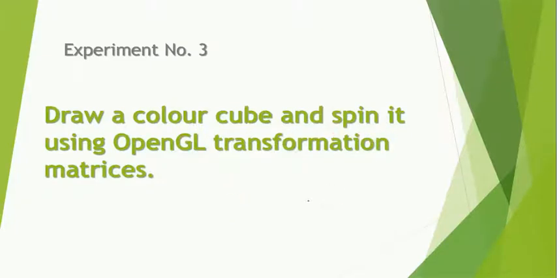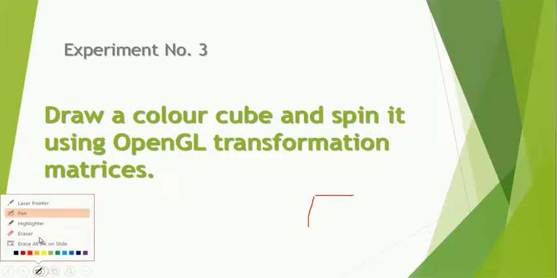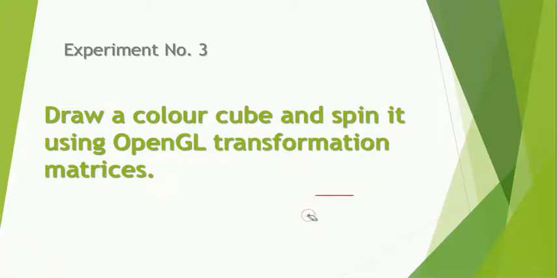So what we are supposed to do here is, number one, to draw a color cube, and number two, to spin it using OpenGL transformation matrices. These are the two tasks that we have to accomplish in this experiment: to draw the color cube and to spin it using the transformation matrices.